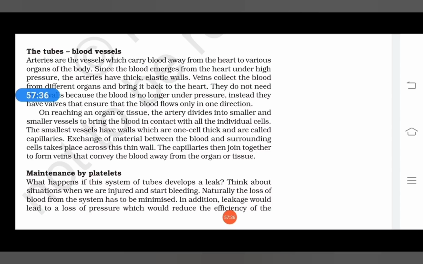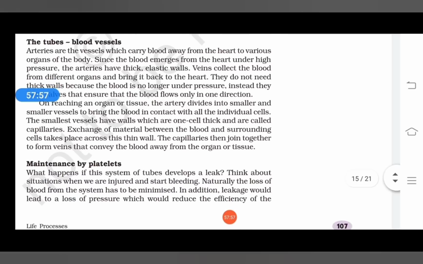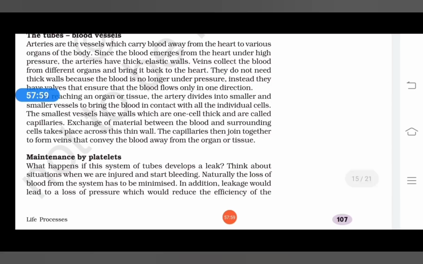Next are the tubes, that is, the blood vessels. Arteries are the vessels which carry blood away from the heart to various organs. Since the blood emerges from the heart under high pressure, the arteries have thick, elastic walls.